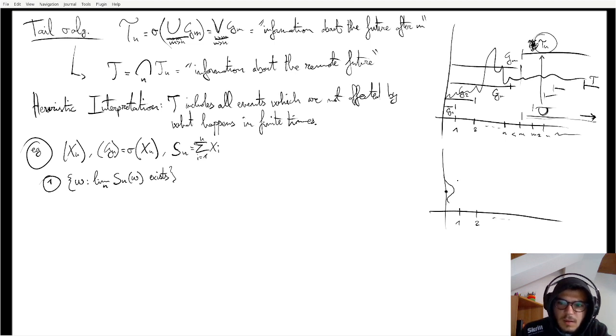Here we have another random variable. Let's put it like this. And here we have another one with another distribution.